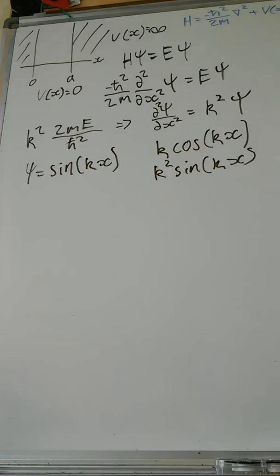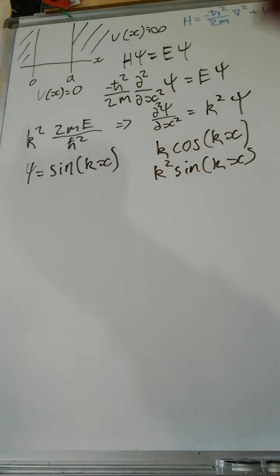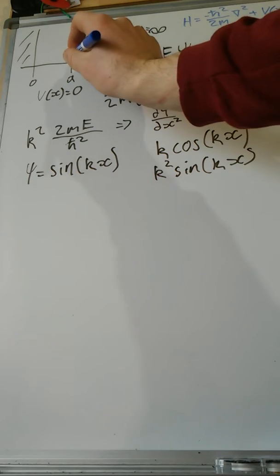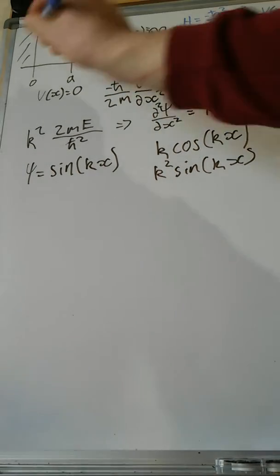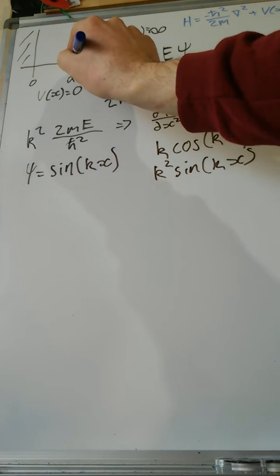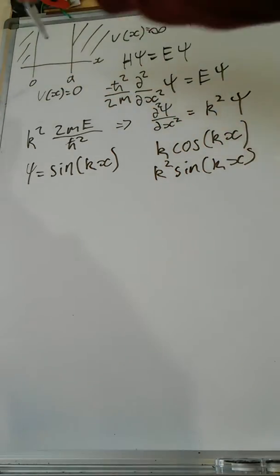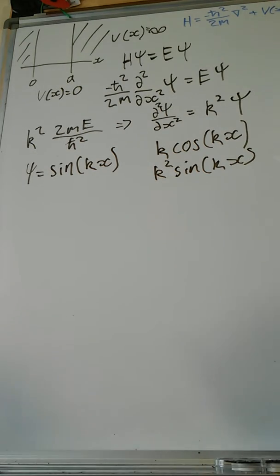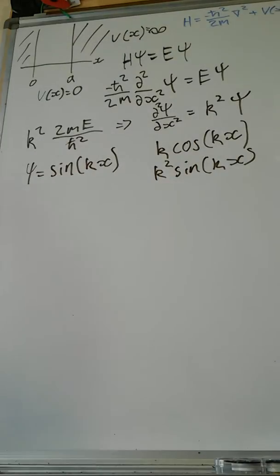And we can't have an infinite wave function because that would not be normalizable. So the wave function at this region here must be 0, and the same argument can be applied to the region to the point a. So the wave function must be 0 here, and 0 all along here and all along here, and must normalize to 1 in this region here.